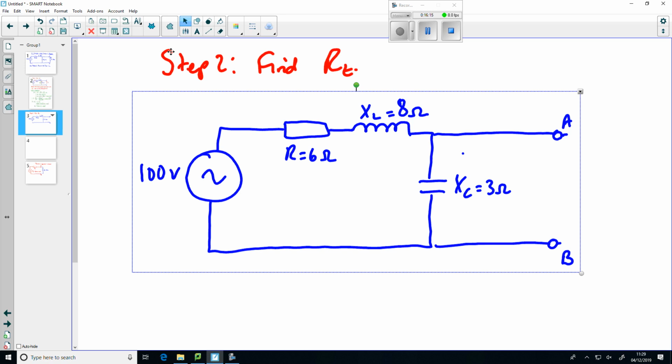Some revision is required, I believe. Yeah. So what do we do now? How do we find R little t?